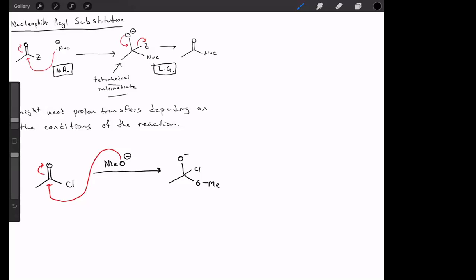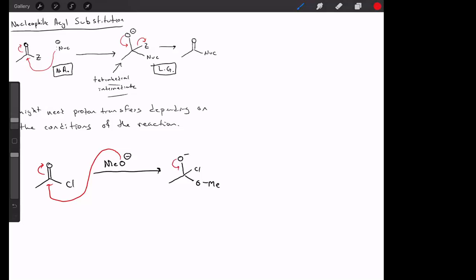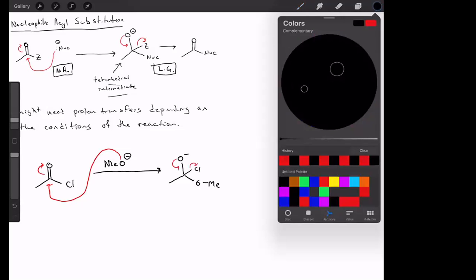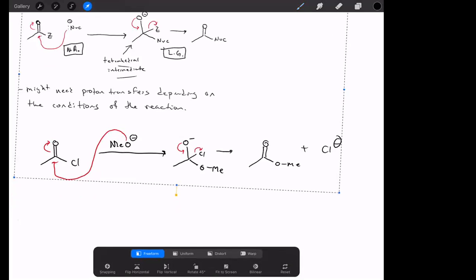So in this case, I don't need any proton transfers because the conditions of the reactions start out basic, it's basic in the intermediate, and I form a negatively charged chloride ion in the process.